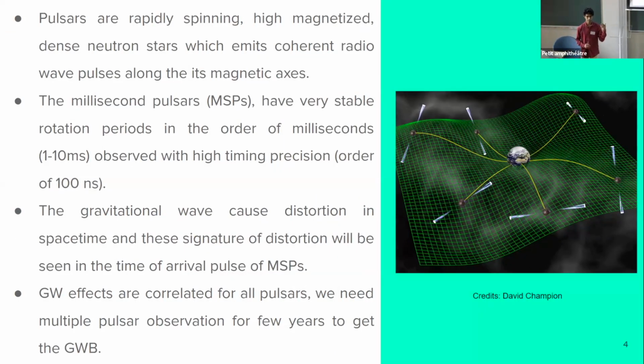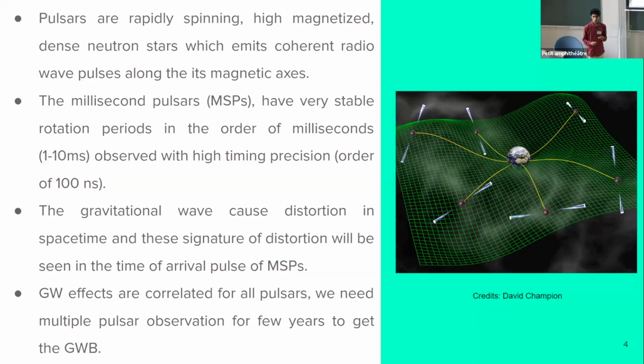Pulsars are rapidly spinning, and we take only the millisecond pulsars. By calculating the time of arrival of the pulses, we can calculate the gravitational wave background.